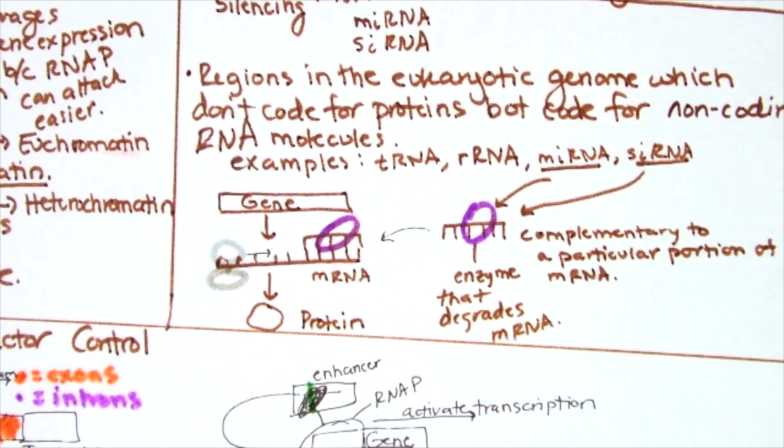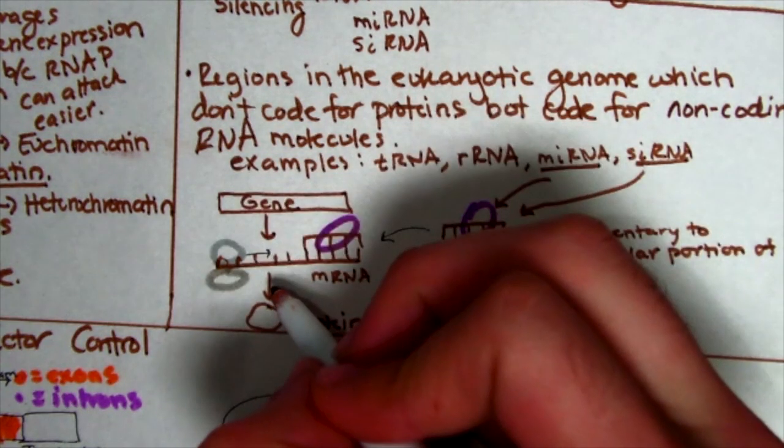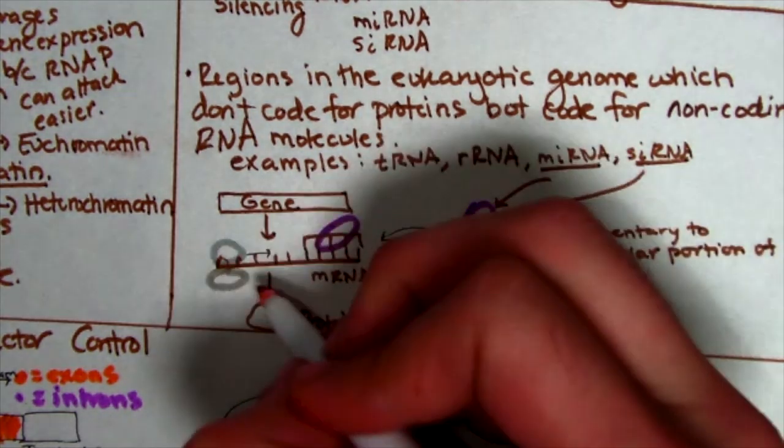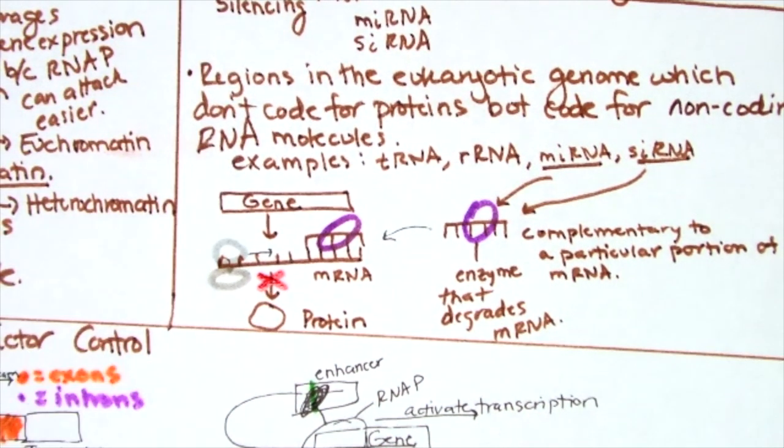So what the microRNA is doing is bringing that enzyme over to the mRNA, attaching to it, destroying the mRNA, and therefore blocking translation from occurring.